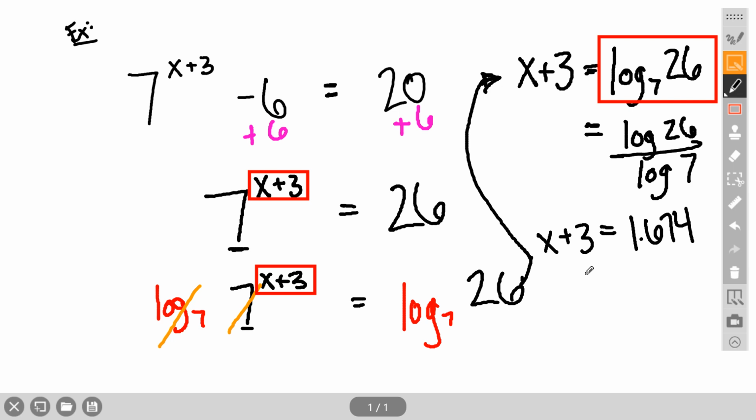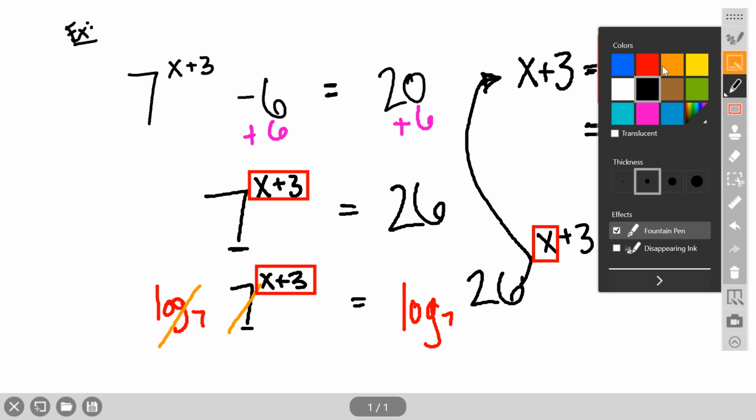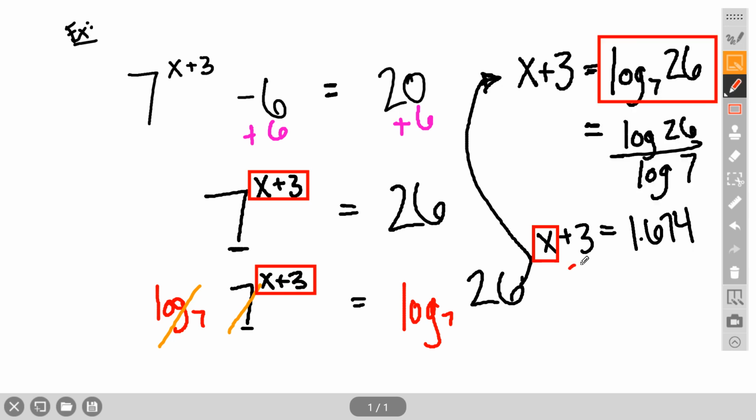What's our last step here? Minus 3, correct. We want to get this x here. This plus 3 is in the way, so we're going to minus 3.